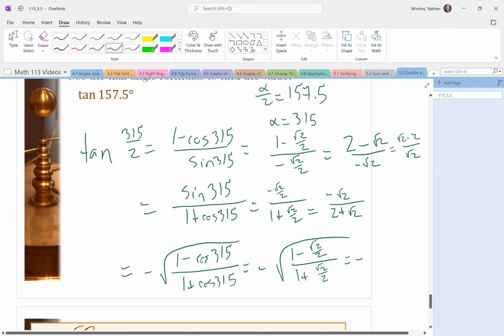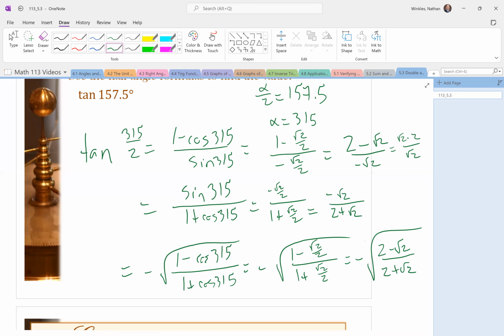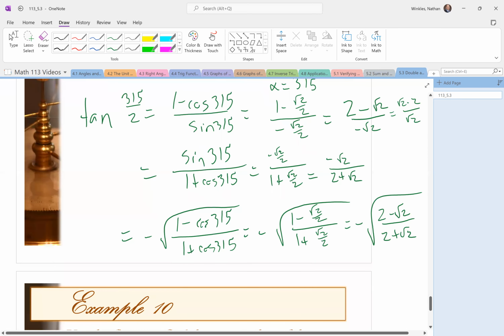So we end up with negative square root of 2 minus root 2 over 2 plus root 2. And then we have to multiply by the conjugate inside of there to show that it's equivalent to the other two. So it's a little bit more detailed process to show it than it is in the first two cases.